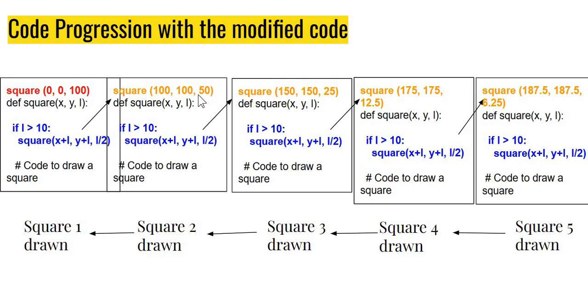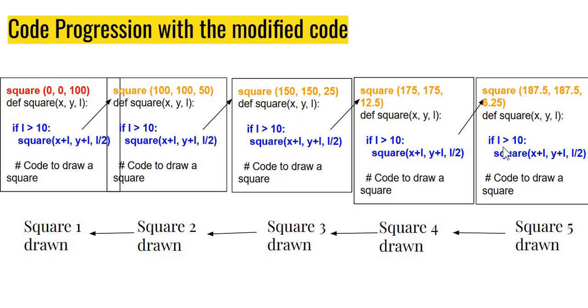Even though this is a recursive call, the function still runs from top to bottom, so the first thing I encounter is another recursive call, this time 150, 150, 25, then another, 175, 175, 12.5, which leads to another, 187.5, 187.5, and 6.25. Notice that in all this process, not a single square has yet been drawn, because we're just getting deeper and deeper into the recursion hierarchy.